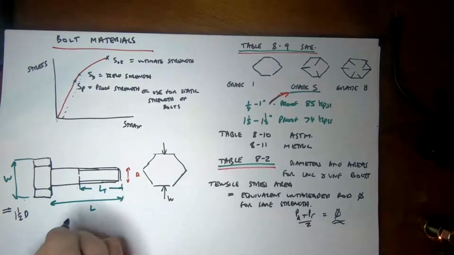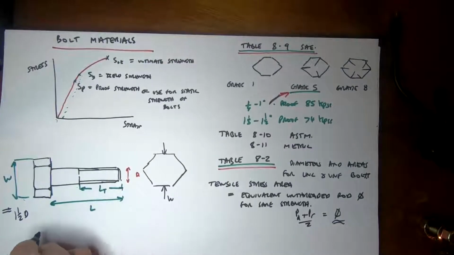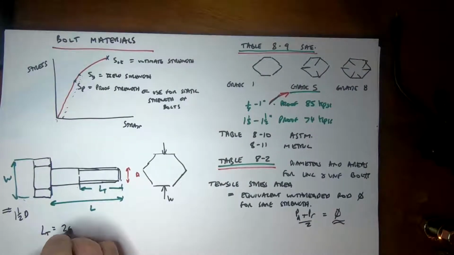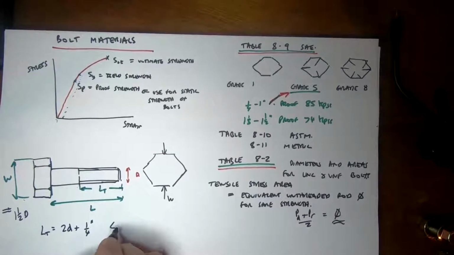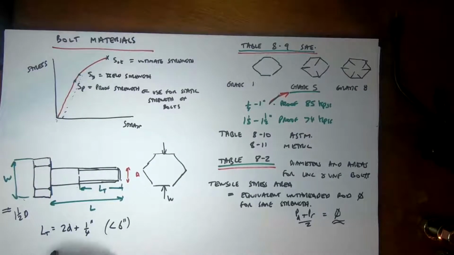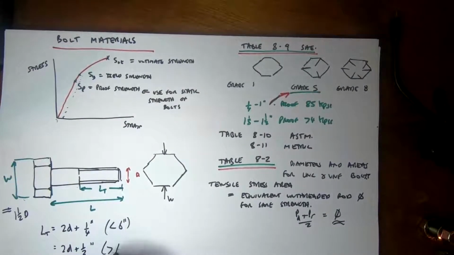And then for the American Unified series, the threaded length typically is 2 times the diameter plus 1/4 inch. That's for bolts where the overall length is less than 6 inches. If it's more than 6 inches, it's 2 times the diameter plus 1/2 inch for greater than 6 inch length bolts.